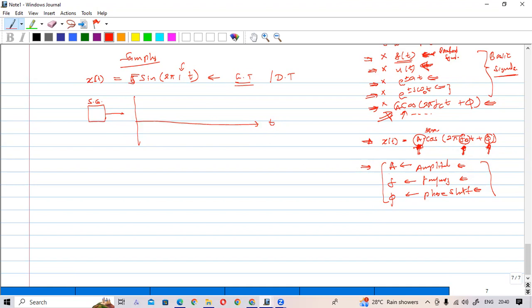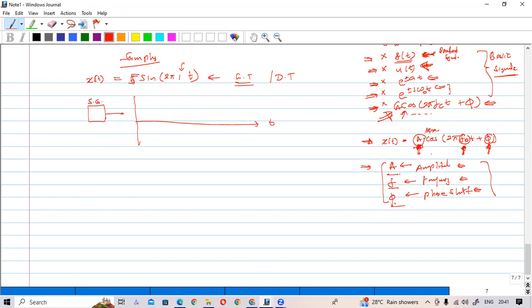So A is amplitude, f is the frequency, and φ is the phase shift. Maybe you can remember that.